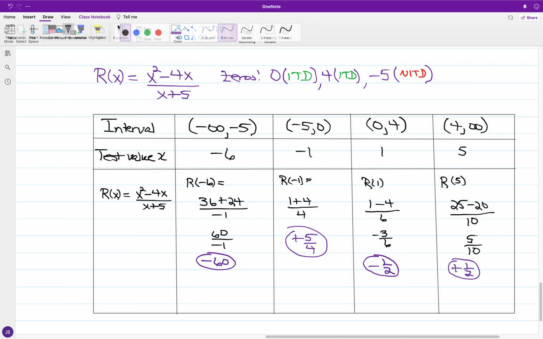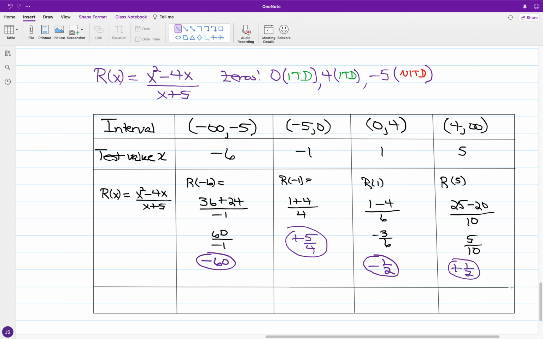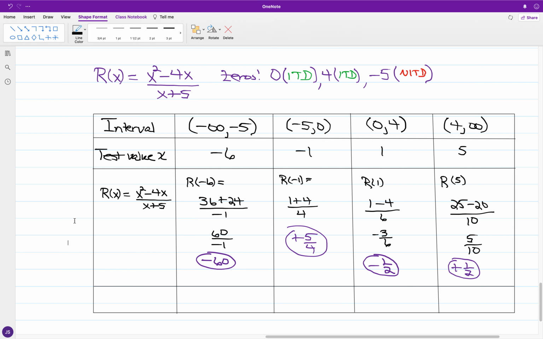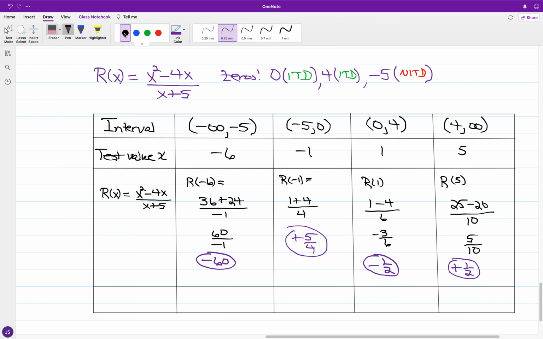And for the sign of r of x, in the first section, it looks like we'll be alternating between negatives and positives.